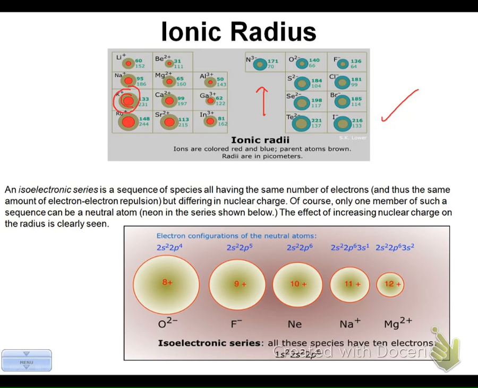But why do the negative ones get bigger? Well, in the negative ions, you're adding extra electrons to the valence shell or the energy level that's already there. And you're just filling it up with all it can hold. In essence, what you're adding is more negative charge for more repulsion to the electrons and the inner core that's already there. So they are going to kind of swell.